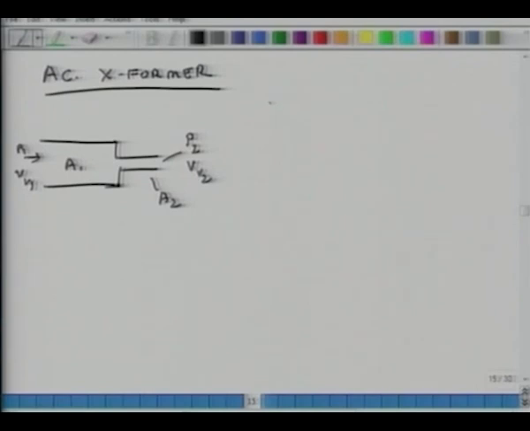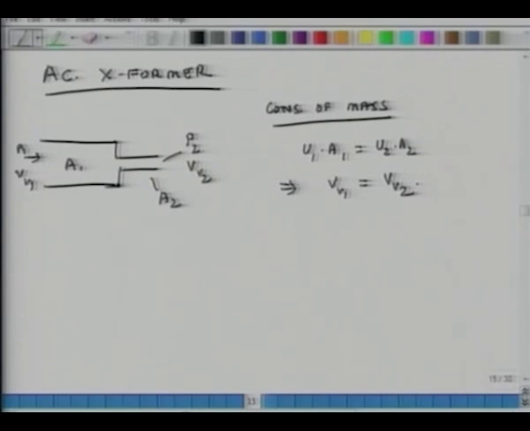For conservation of mass or continuity, I should call it U1, velocity 1 times A1 equals U2 times A2, which gives volume velocity 1 equals volume velocity 2. That is the first equivalence, right? The second equivalence is that P1 equals P2, because at this interface the pressures have to equal. P1 has to equal P2.